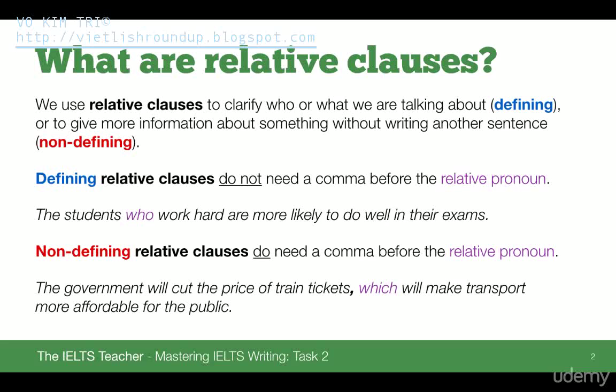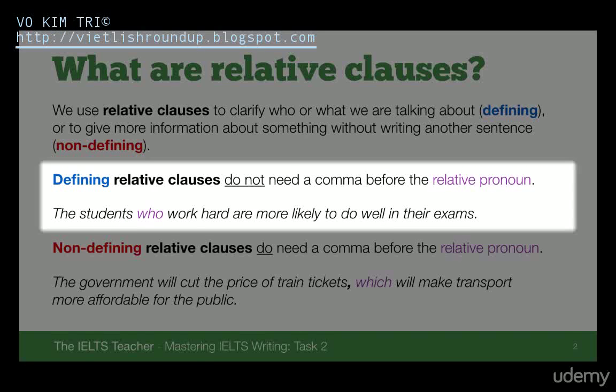The first sentence, the defining relative clause, we are clarifying what type of students we are talking about. Students who work hard. It's essential that we have that relative clause in there. So that's why it's a defining relative clause. It defines the noun.